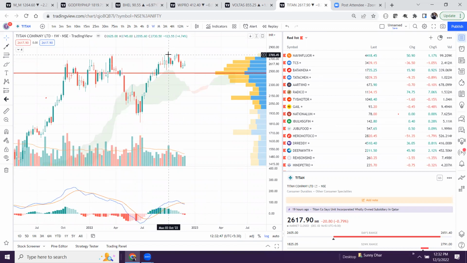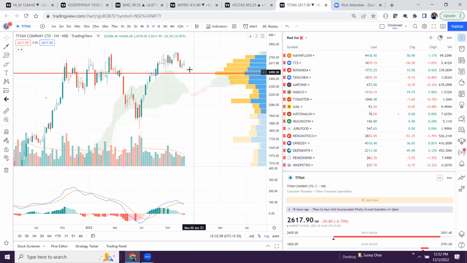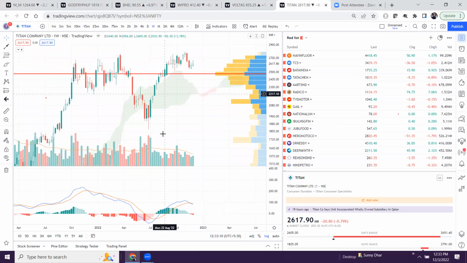Now it is consolidating in the phase of 2600, 2500. It is hitting that support line of 2523 or 2550 multiple times, and it is retracing back to 2650, and then it's moving in that range of 2550 and 2650.